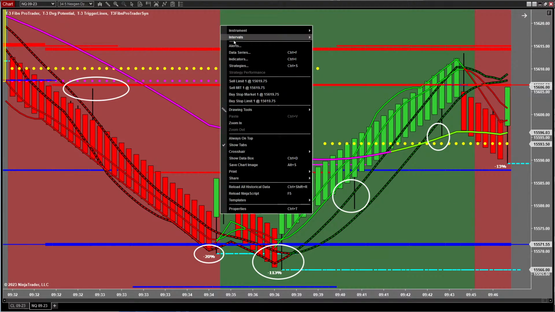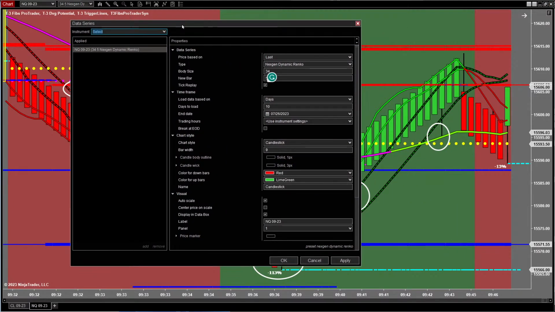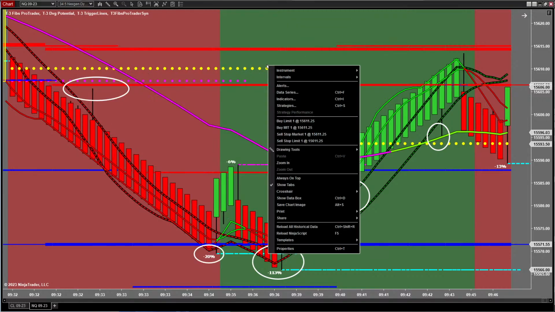Okay. Right click on your chart and go to data series. Make sure that you have your tick replay checked. And then right click on your chart and load your template.